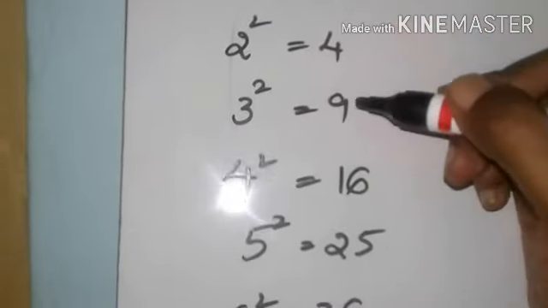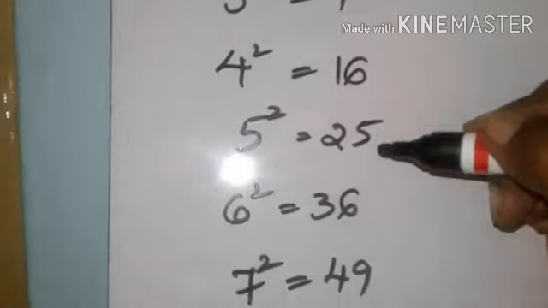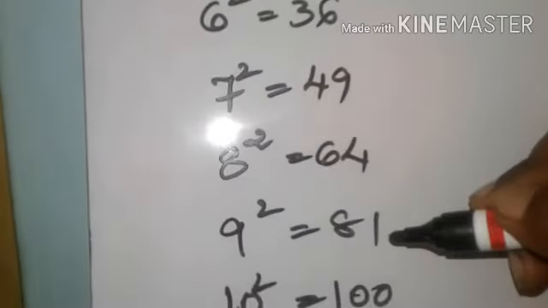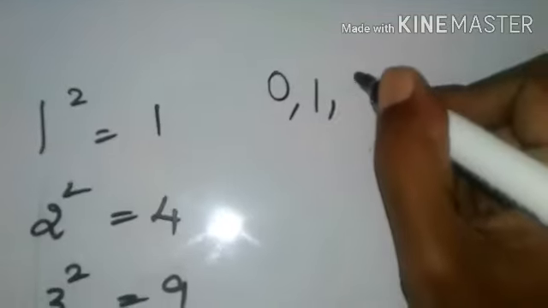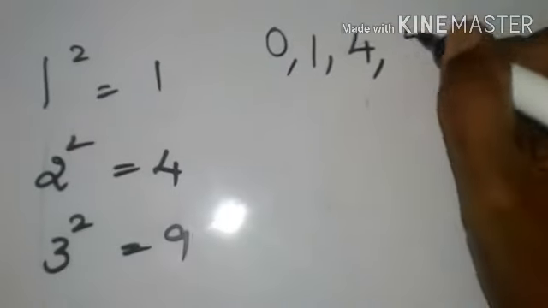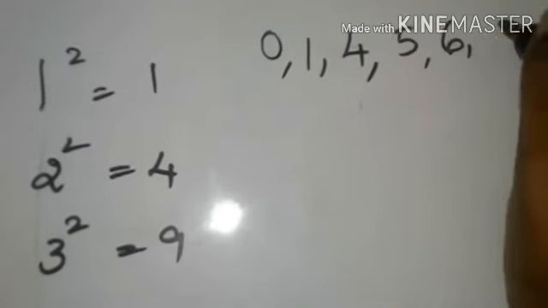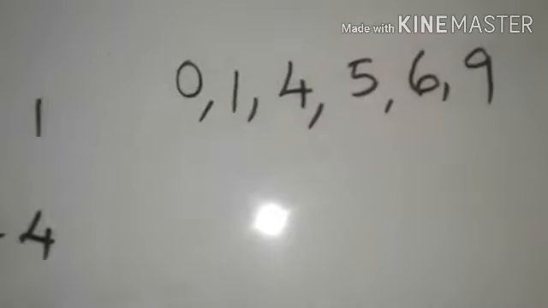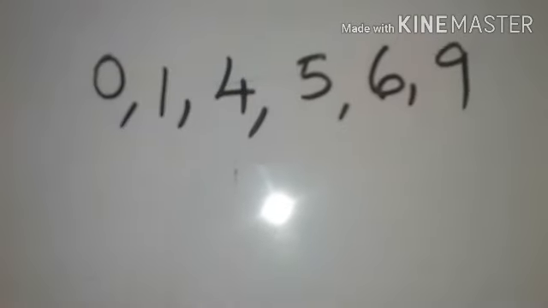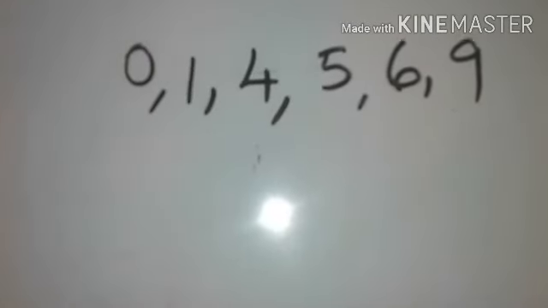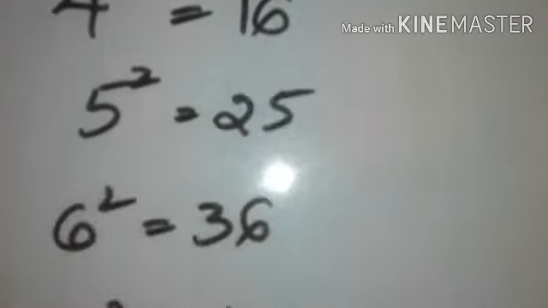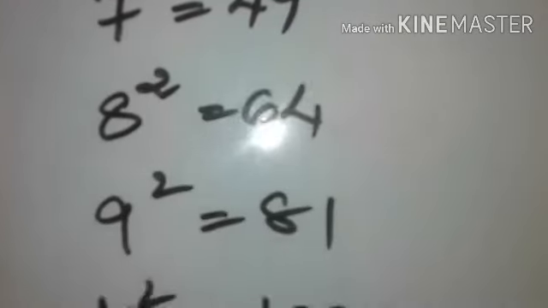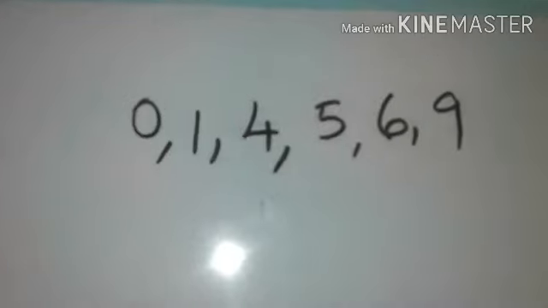See the last digits: 1, 4, 9, 6, 5, 0. So you can see the numbers where the last digit ends with are 1, 4, 9, 6, 5, 0.